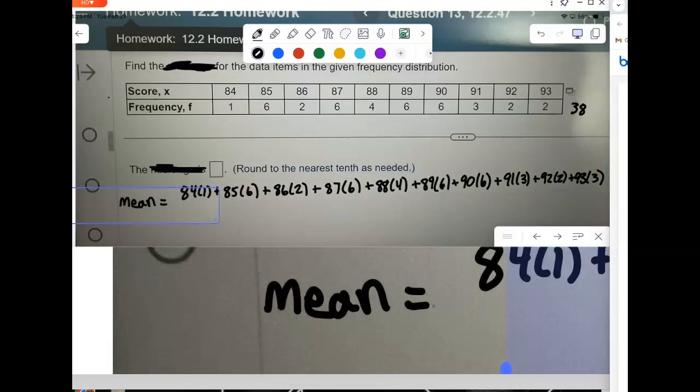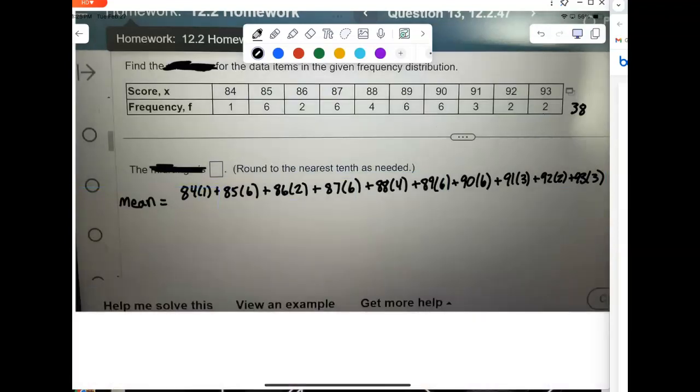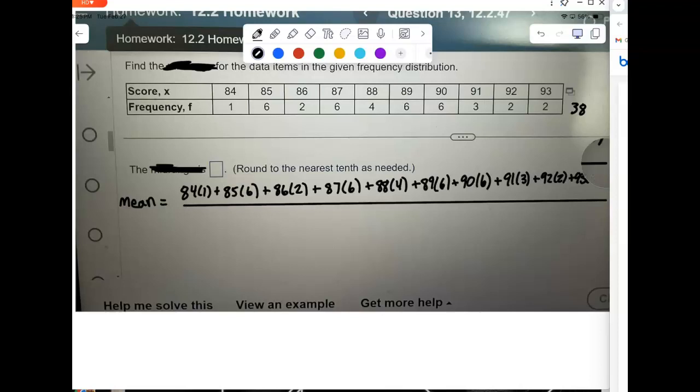We take all of our data values, add them all up, and then divide by our total, which again is 38.